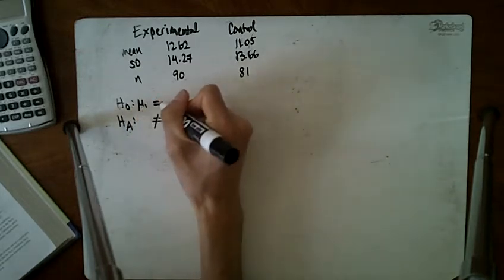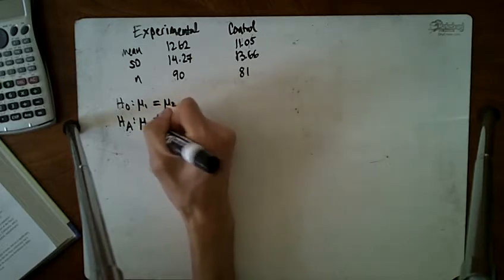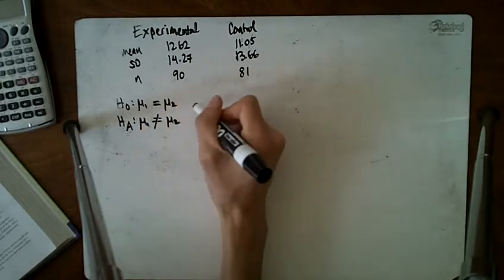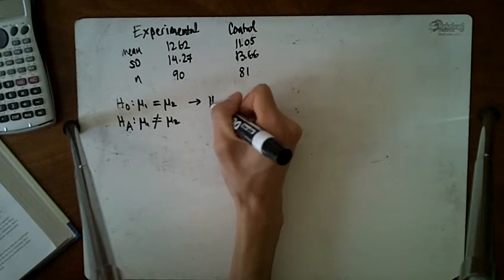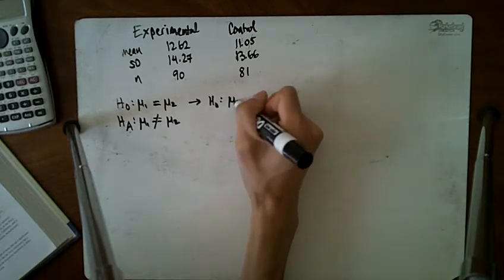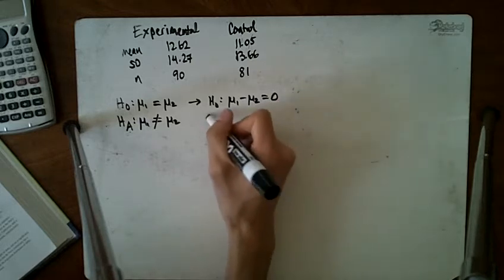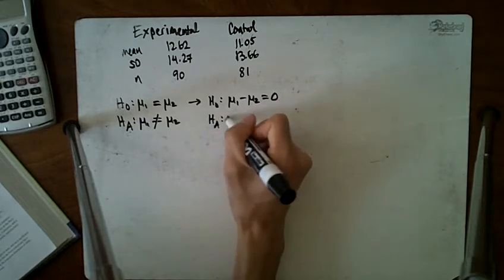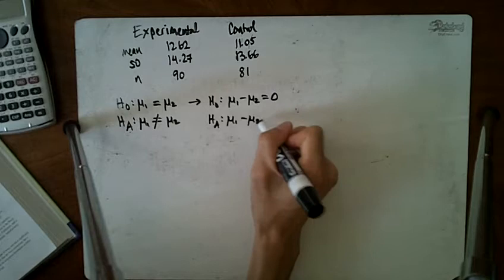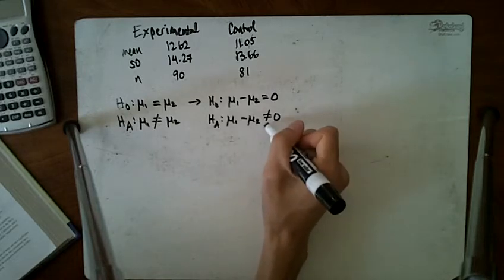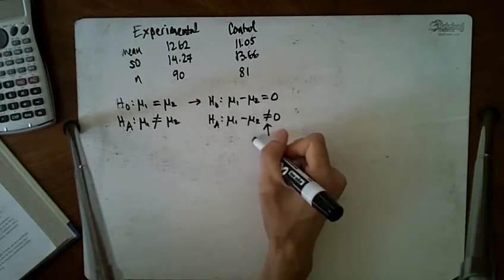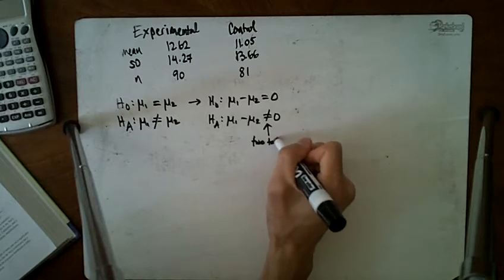So we would have mu1 is equal to mu2, mu1 not equal to mu2. When we rewrite these, we would write the mean of group 1 minus the mean of group 2. That difference is 0, and the alternative is that the mean of group 1 minus the mean of group 2 is not equal to 0. So again, anytime you see a not equal to sign, you have a two-tailed test.